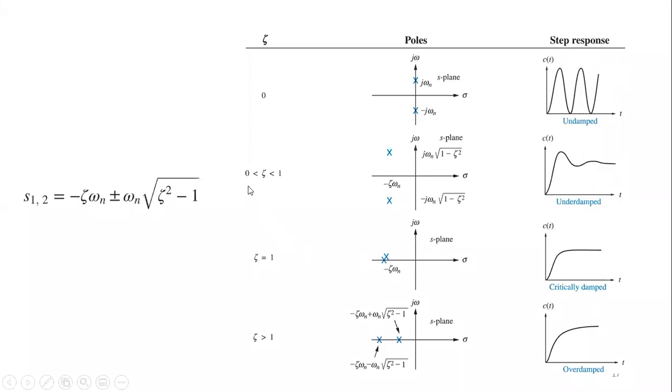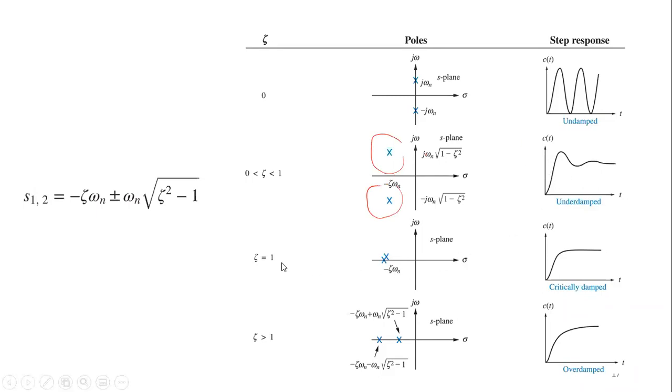If your damping ratio is from 0 to 1, the poles will be somewhere in the S-plane, but not on the real axis. It is not on the line, but somewhere around this region, so you know that it is an underdamped system.